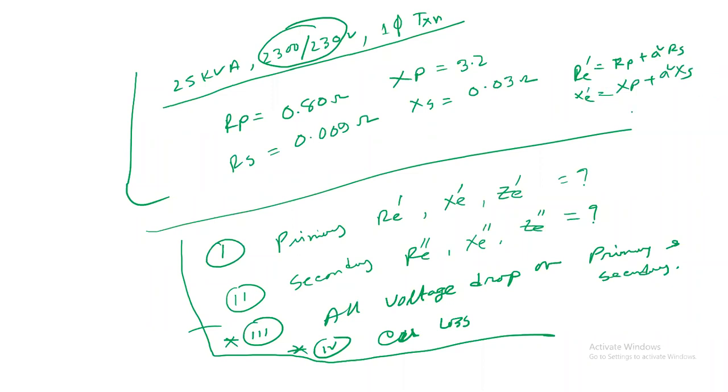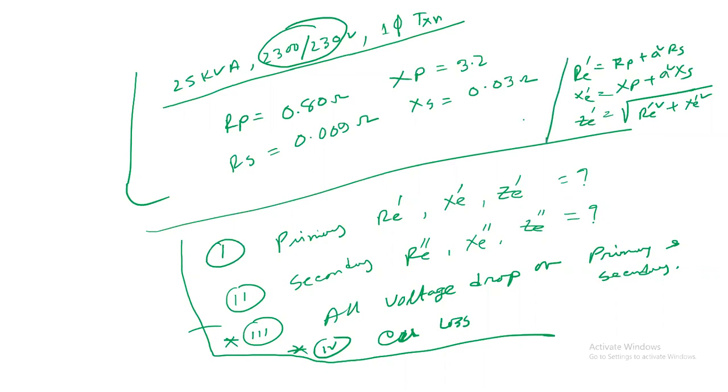Apply this formula. And Z single prime is equal to root over RE single prime square plus XE single prime square. If you find out this and this, then Z is easy.